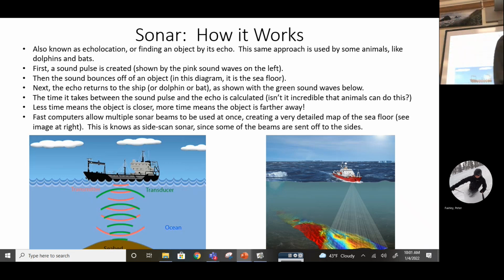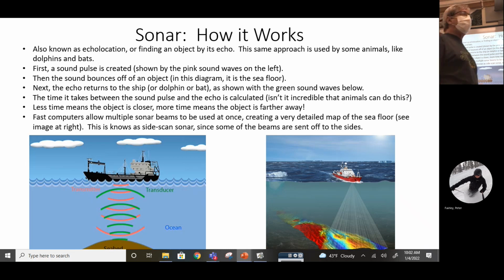For a bat, it might be a tree, or it might be a moth. For a dolphin, it might be a fish, and they can tell how far away that fish is. Third, the echo returns to the ship, or to the bat, or to the dolphin's ears. And that's shown in this diagram with the green sound waves bouncing back.